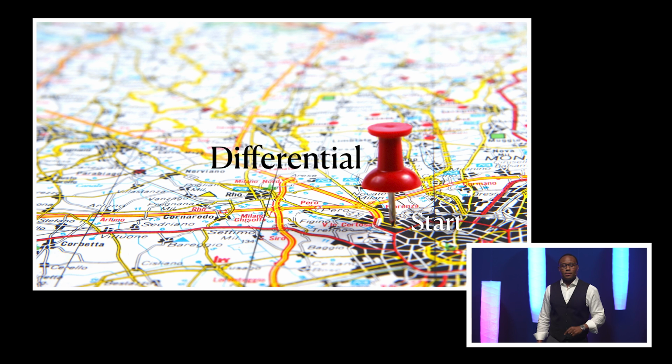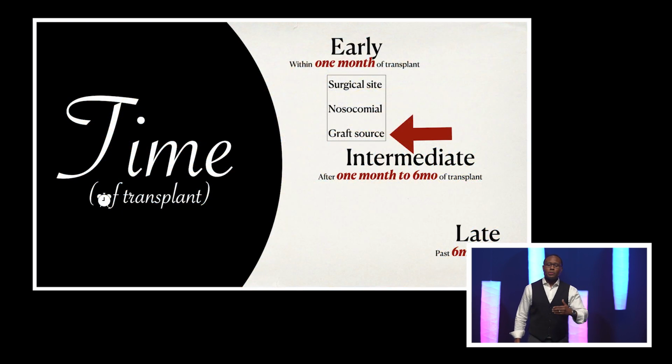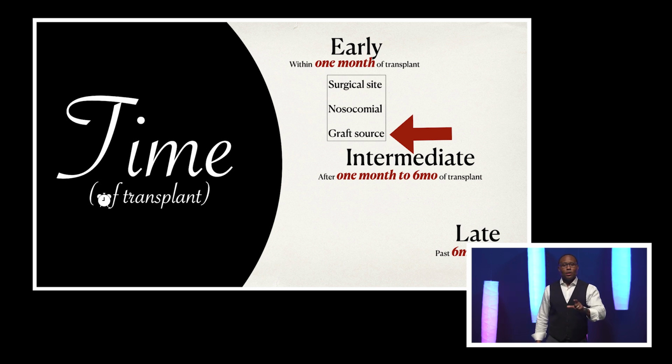To put this in context, a patient presents to the emergency room with a fever. What are you treating? Within the first 30 days, we should think surgical site, nosocomial infection, and graft source.